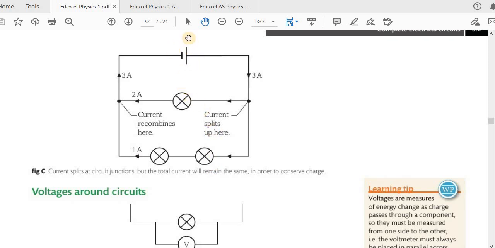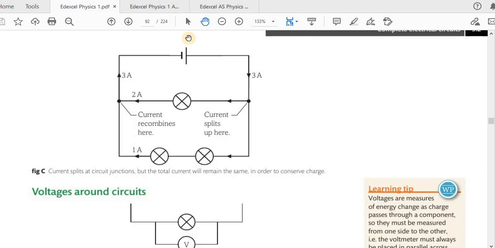Now the power supply converts other forms of energy to electrical energy. In the case of a battery or cell, it converts chemical energy to electrical energy. In the case of a dynamo, it converts kinetic energy to electrical energy. In the case of a generator also, kinetic energy is converted to electrical energy.